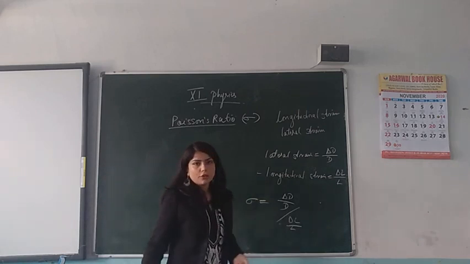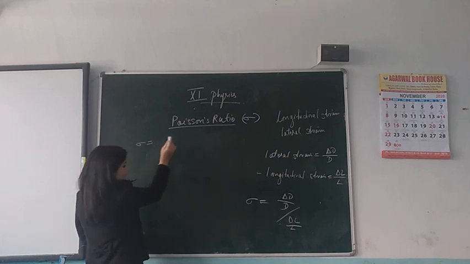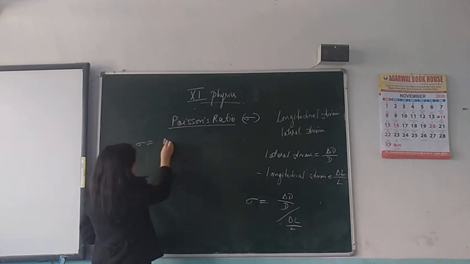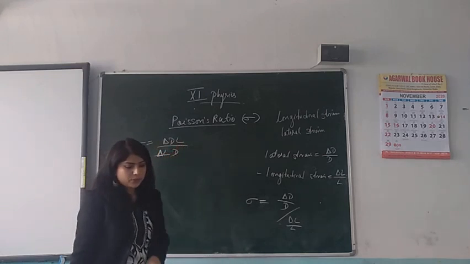So this can be written as rho is equal to del D into L divided by del L into D.